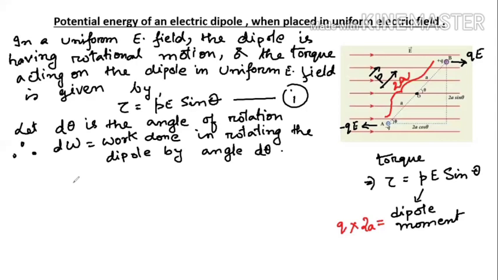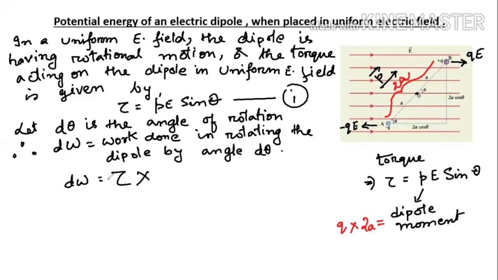We understood earlier that work done is force into displacement, but that applies only for translatory motion. In this case we are considering rotational motion, so in the place of force, torque takes over, because in rotational motion the physical quantity which replaces force is the torque experienced by the dipole.